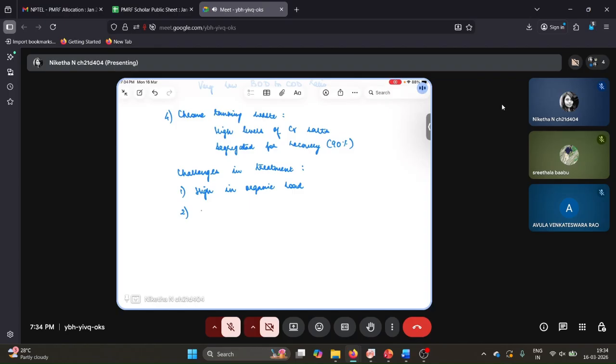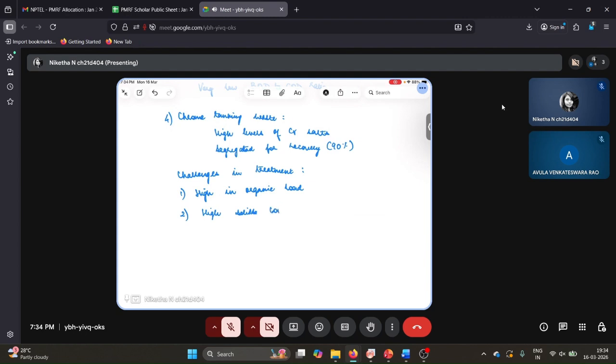And the second one is that the process generates wastewater having a high solids content. Meaning that both suspended as well as dissolved solids are higher in tanning wastewater.